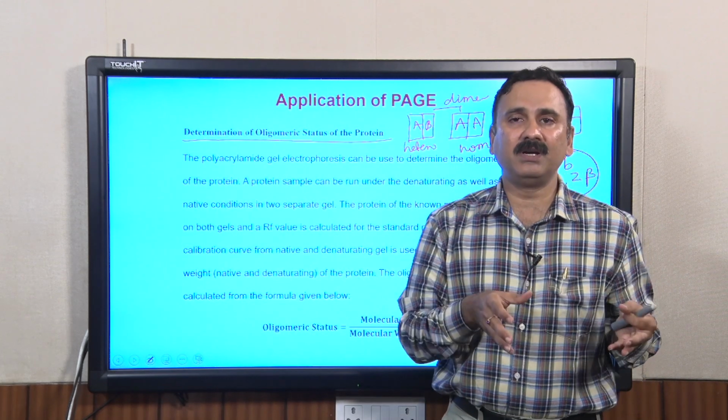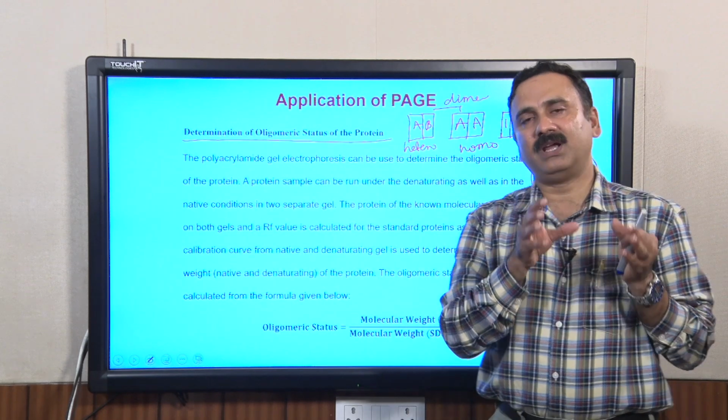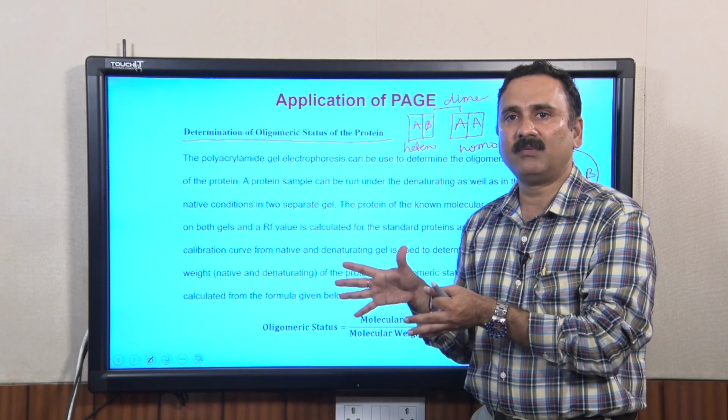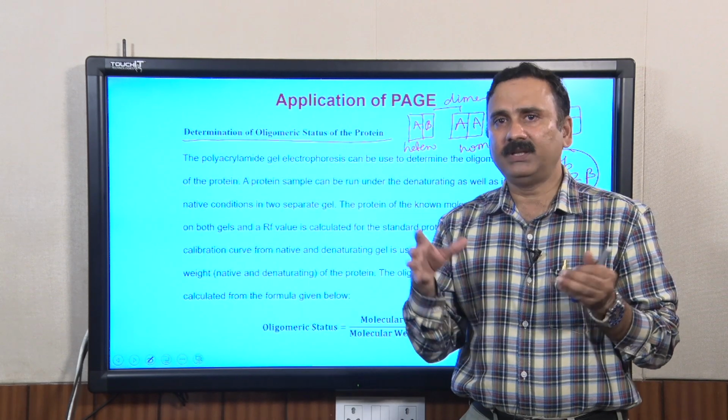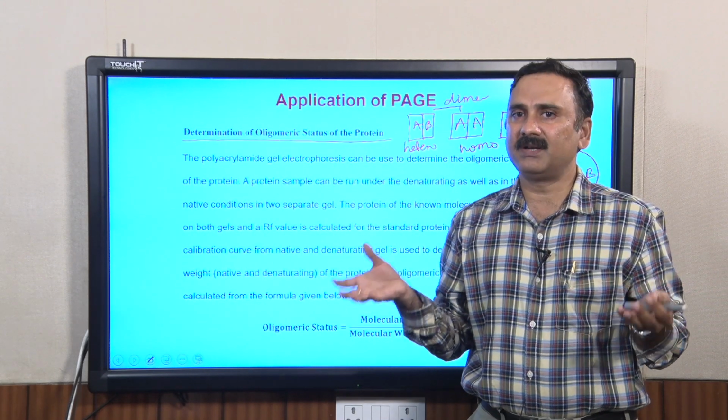It should not be a dimer, it should not be a monomer. So, you have produced alpha subunits and beta subunits, then they get mixed together in the E. coli, and that is how you are going to have the tetramer.